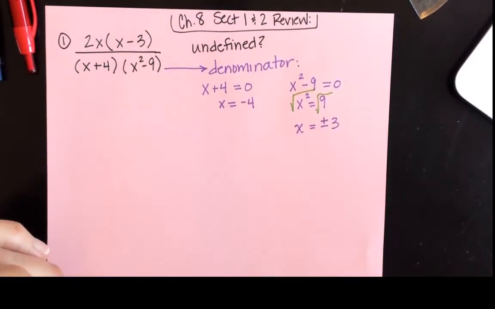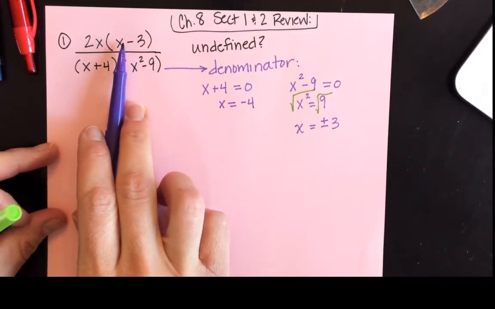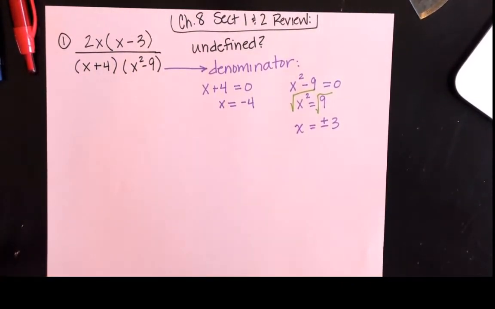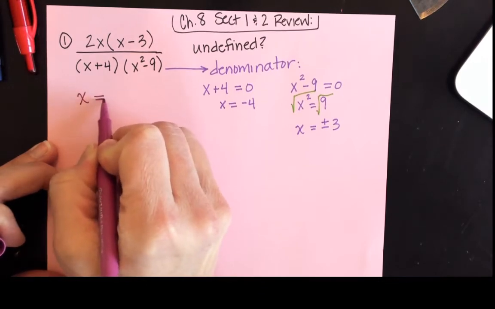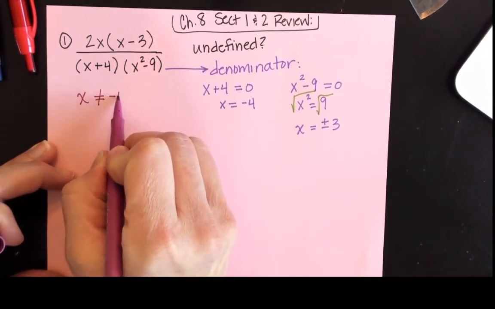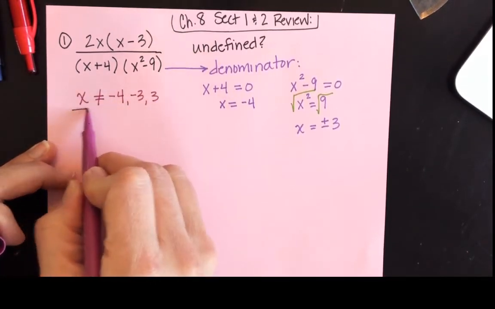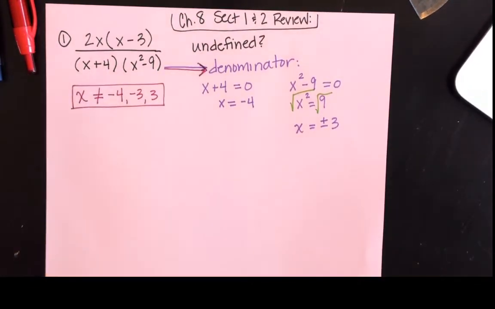Now, on top, if you plugged in a 3, you'd get 0, but that has absolutely nothing to do with what's allowed to happen in this expression. So when we list where it's undefined, we would say x cannot be -4, -3, or 3. So make sure when we're looking at our denominator, we are solving for where those values end up being 0.